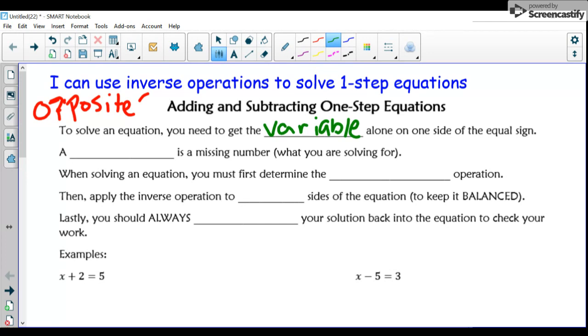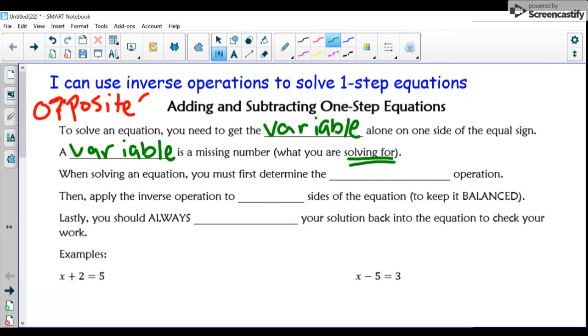If your variable is on the right-hand side, keep your variable on the right-hand side. But you just want to get it alone, okay? Remember that a variable is a missing number. This is going to be what we're solving for. So now we're getting into algebra where we're actually having to solve for x.